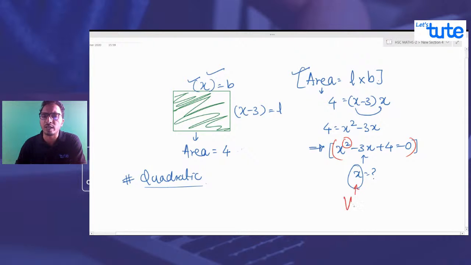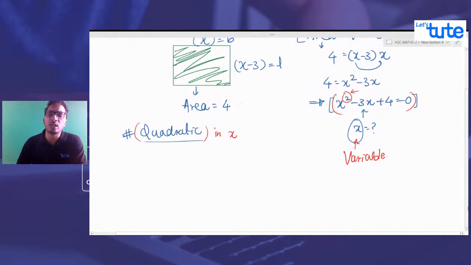This is the variable. And the highest degree in the equation is 2. Correct? So whenever the highest degree of a variable in an equation is 2, then that equation can be called a quadratic equation. And this is quadratic in x because the variable is x. Correct? Okay. So what is important is the highest degree.